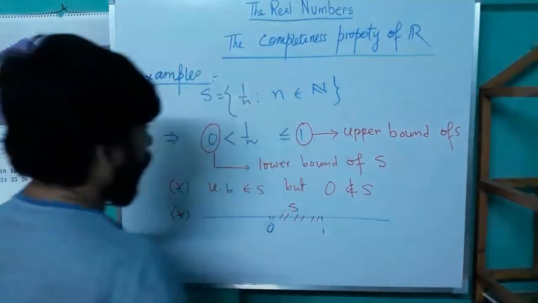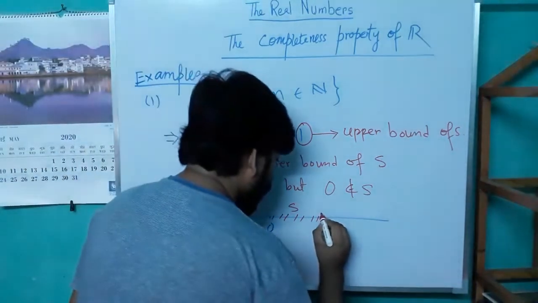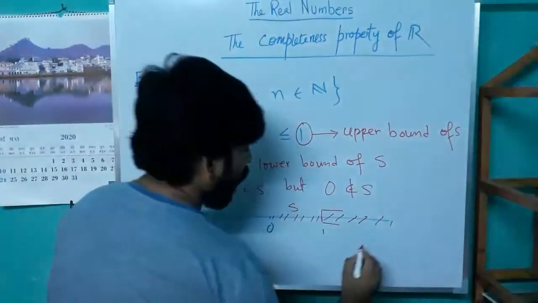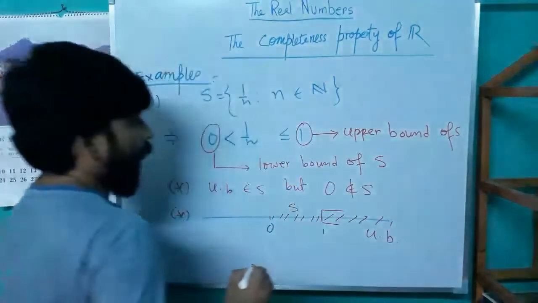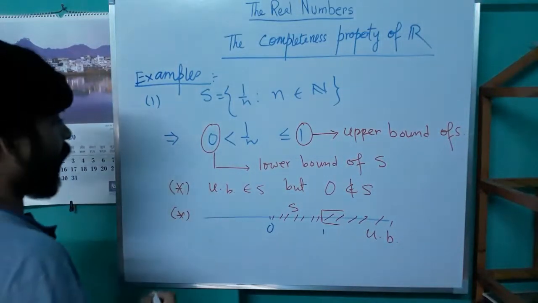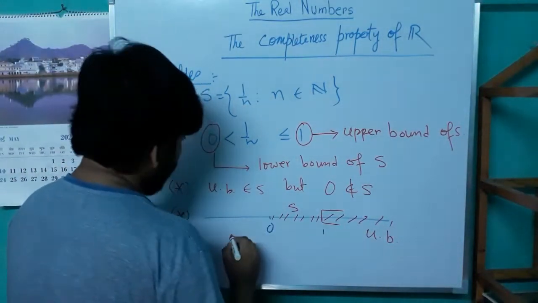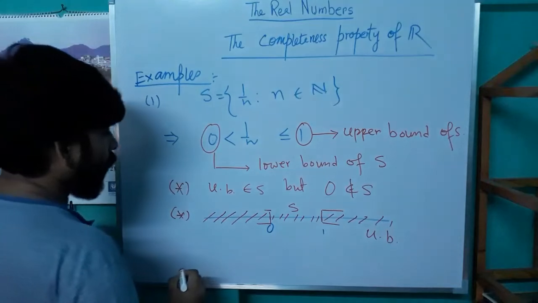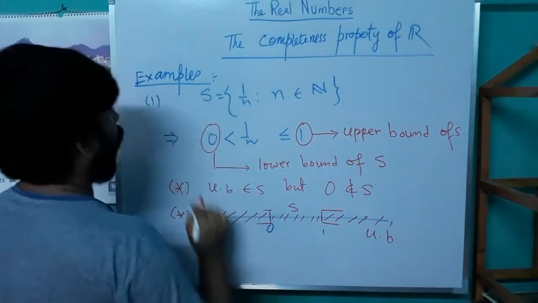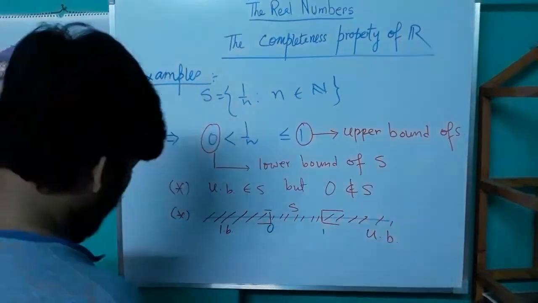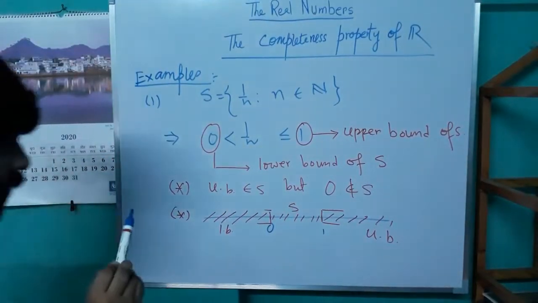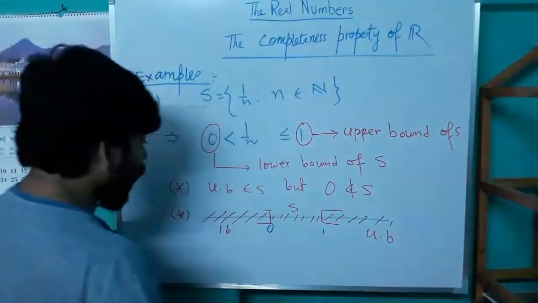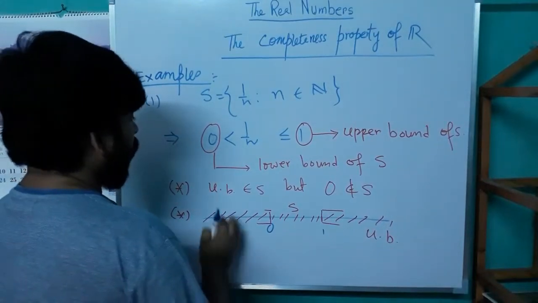So any element bigger than 1 is an upper bound of the set S, and any element smaller than 0 is a lower bound of S. So from this discussion it is clear that if an upper bound exists, then the upper bound is not unique, and similarly if a lower bound exists, then the lower bound is not unique.